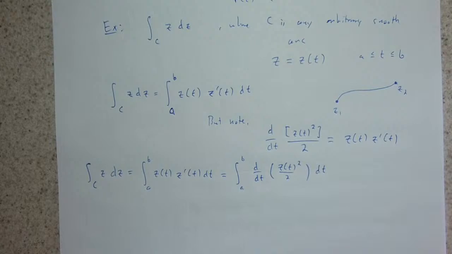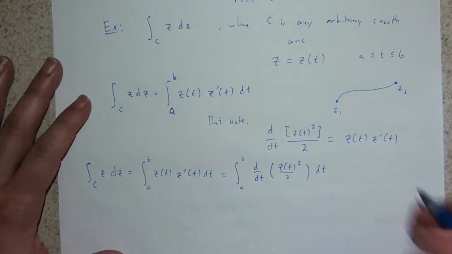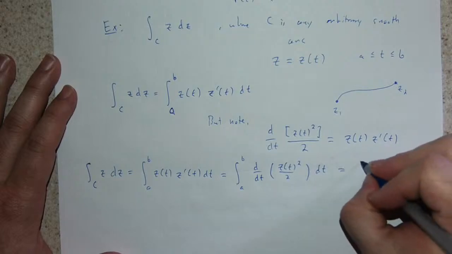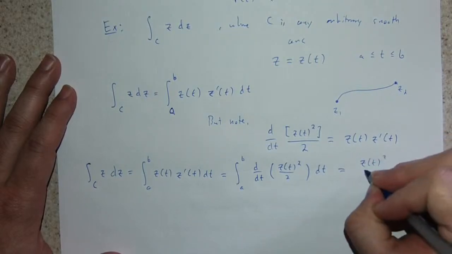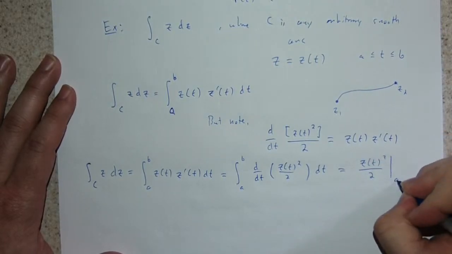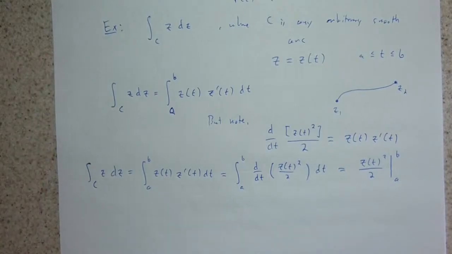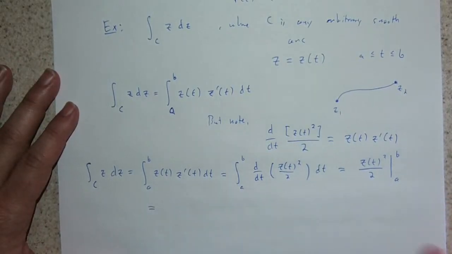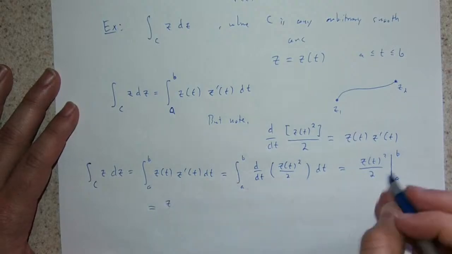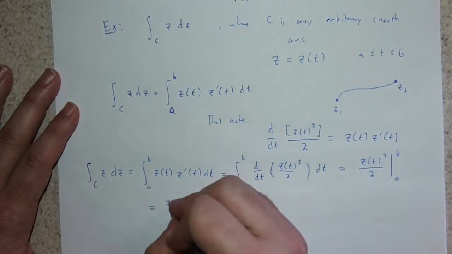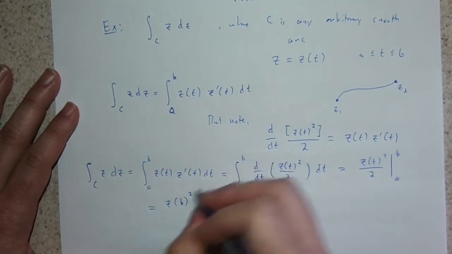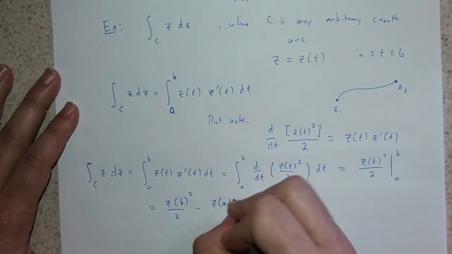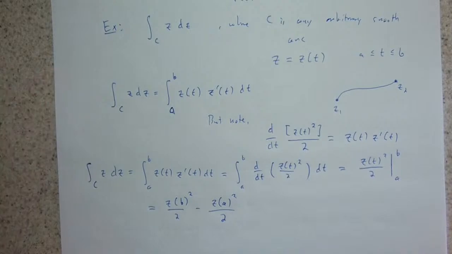And by the fundamental theorem of calculus, right, this is just z of t squared over 2 evaluated from a to b. Okay, so this is z of b squared, right, over 2 minus z of a squared over 2.